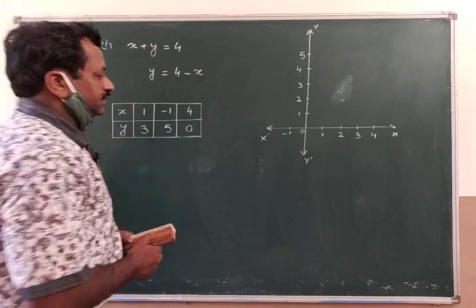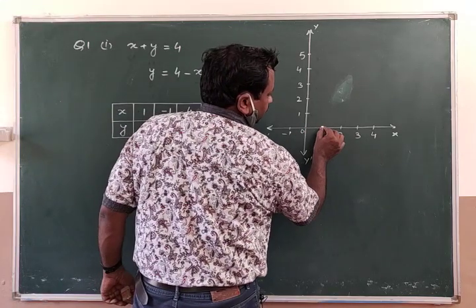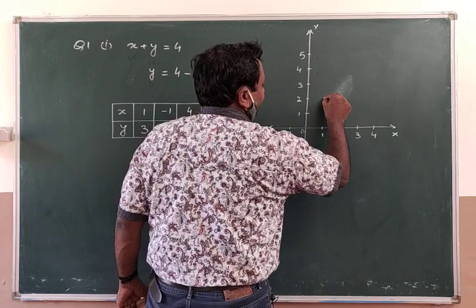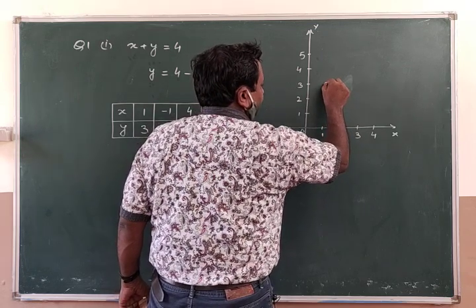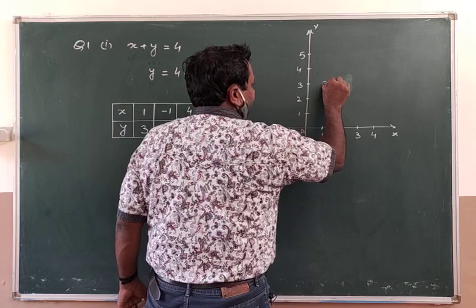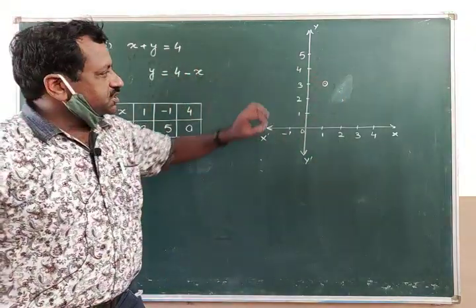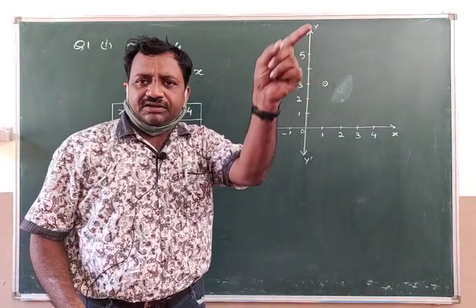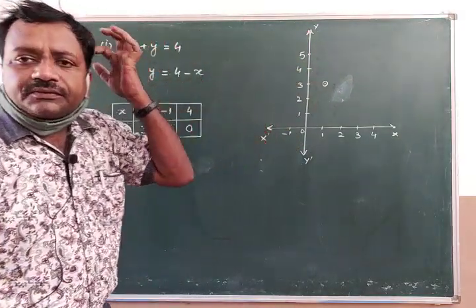1, 3 means along the x-axis 1, then along the y-axis 3, put the sign, and this is the proper way. Just prick and circle the point. That is the proper way.